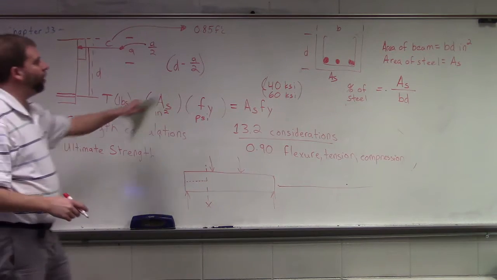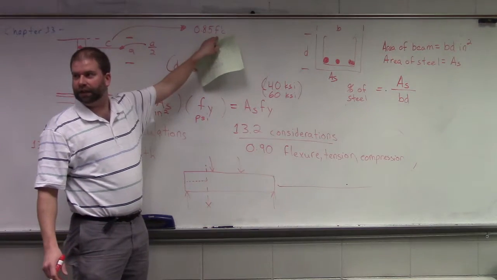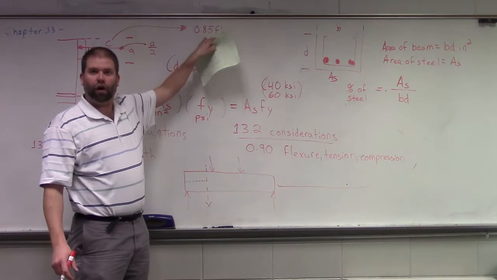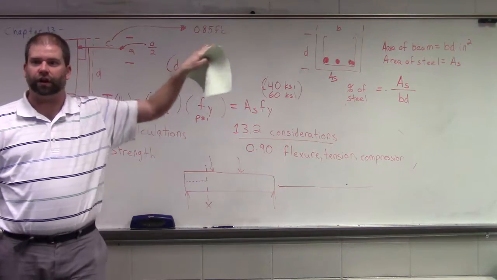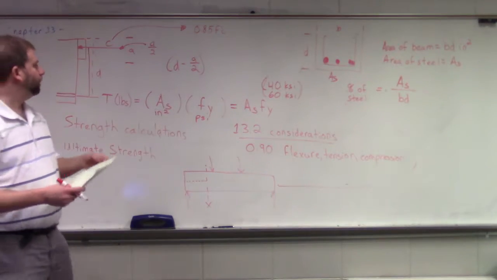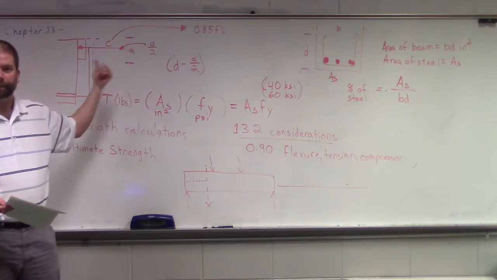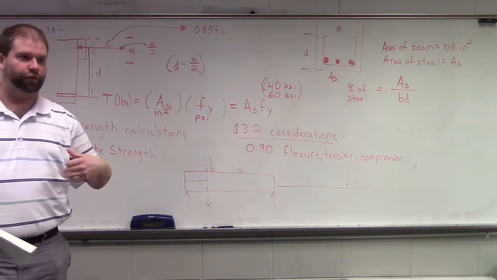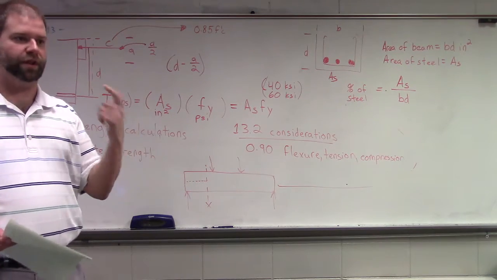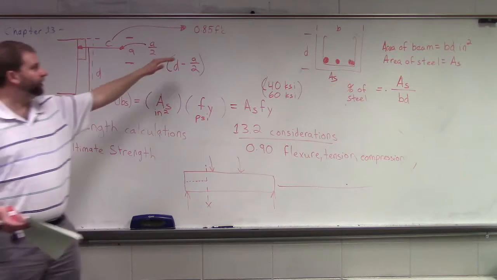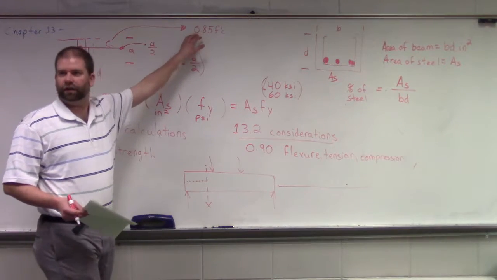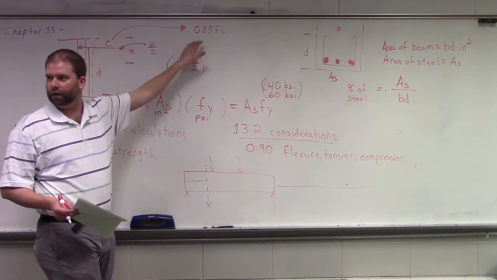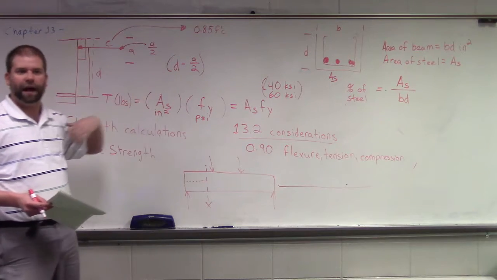And the reason we don't want it to equal f'c is if we use all of the capacity of the strength of our concrete in our design, what's going to happen? We could potentially deform it. We could potentially fracture it. We could potentially fail it. Okay? So we want to say that we're only going to allow this thing to get up to 85% of its design strength. We're not going to load it past that.